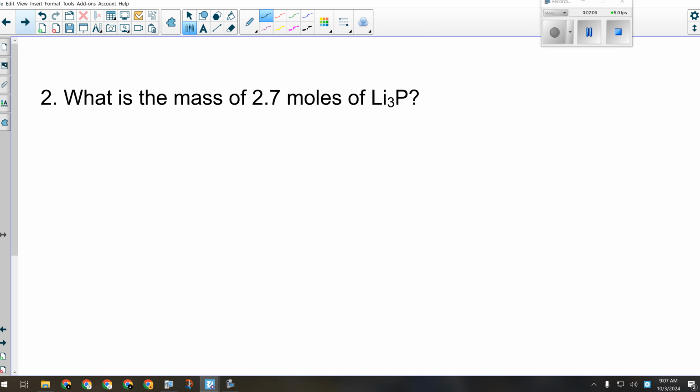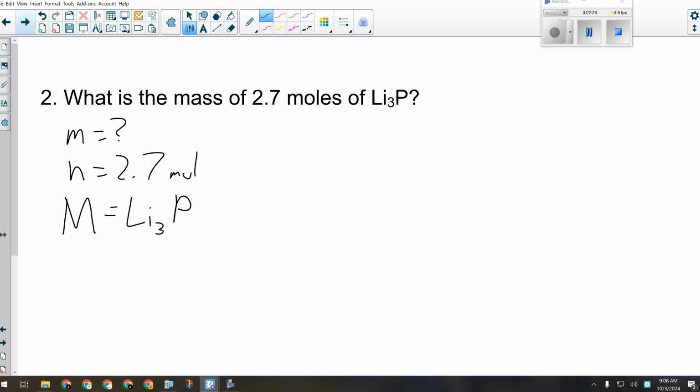Little m. Of 2.7 moles, what did they give me? N. And they tell me that it's lithium phosphide. On your exam, will you get it like that, or in word form? You will get it in word form.